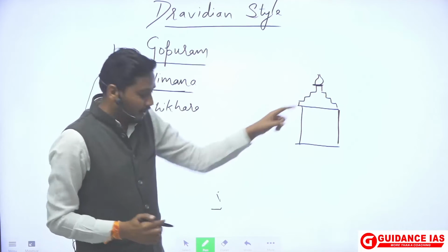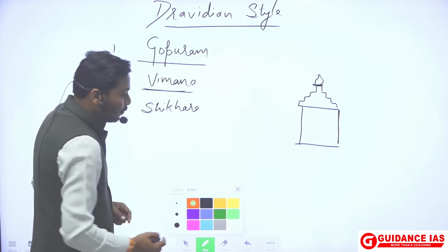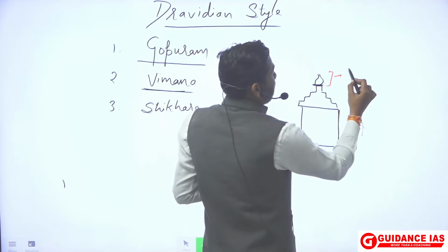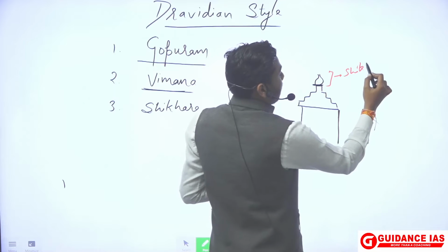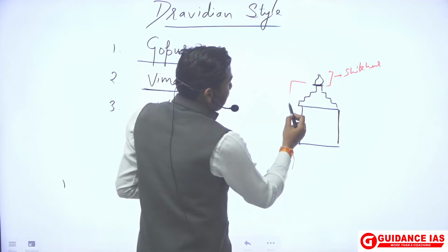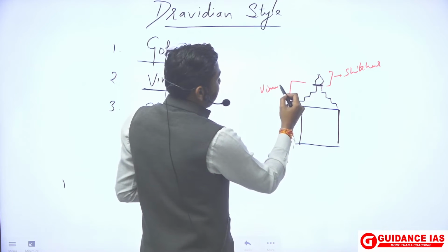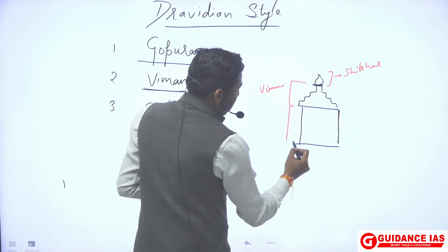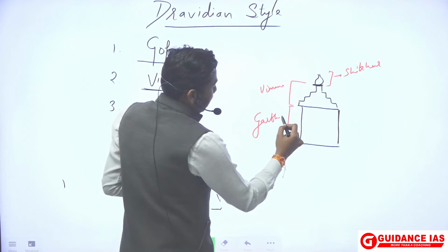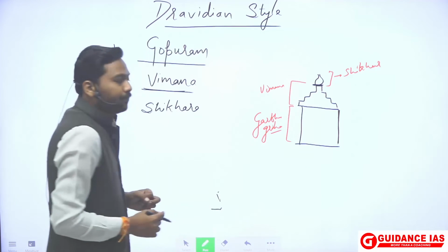So what we call the crowning element or Kalash in Nagar style, here we call Shikhar. This is the Viman, and this is the Garbhagriha or the main sanctum.